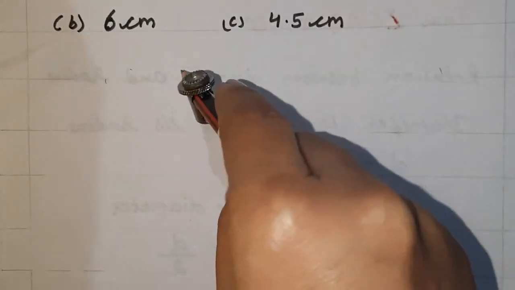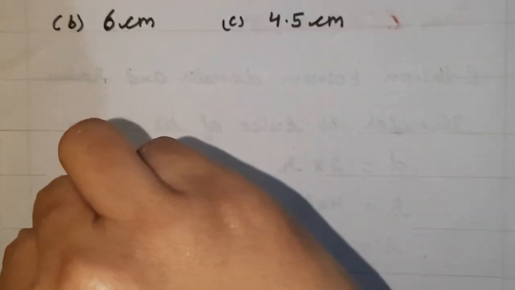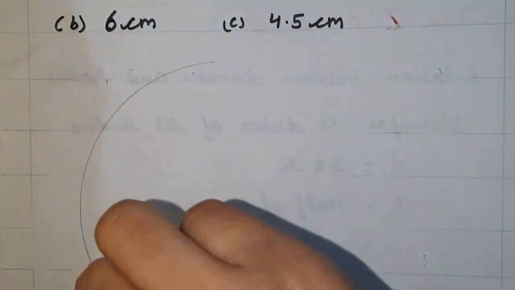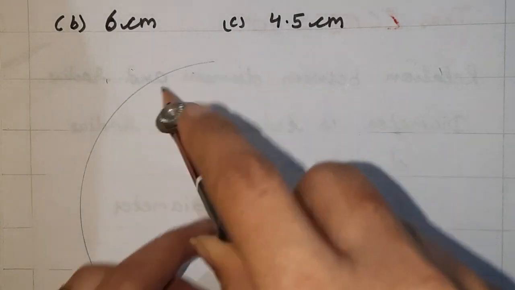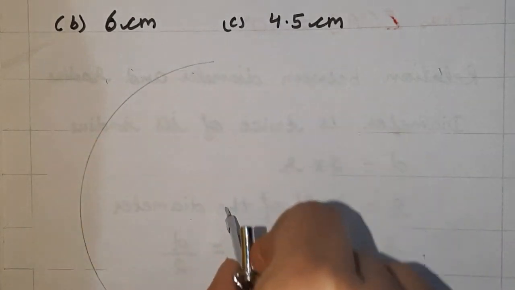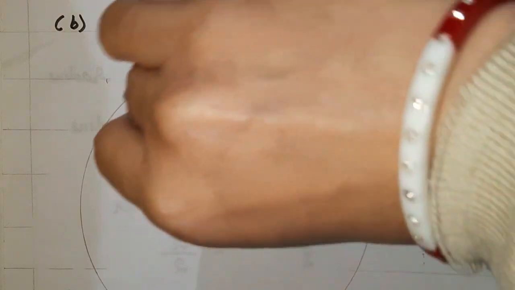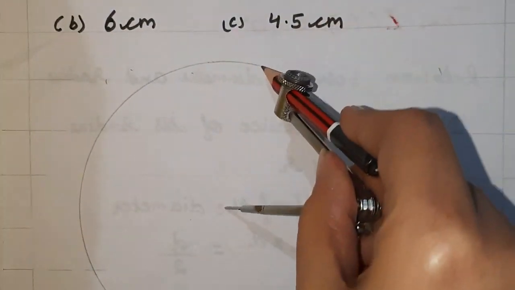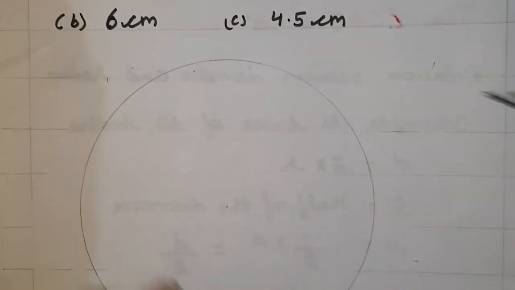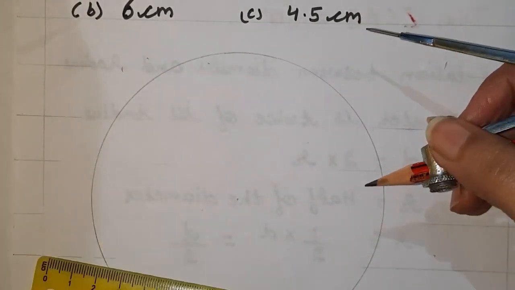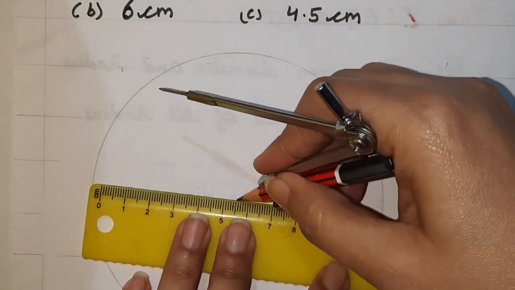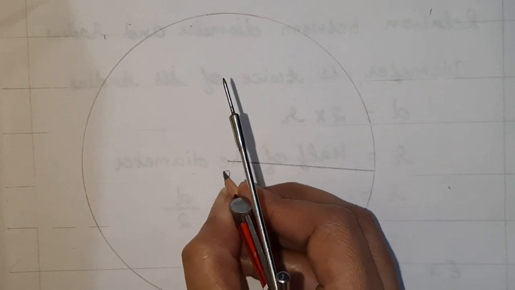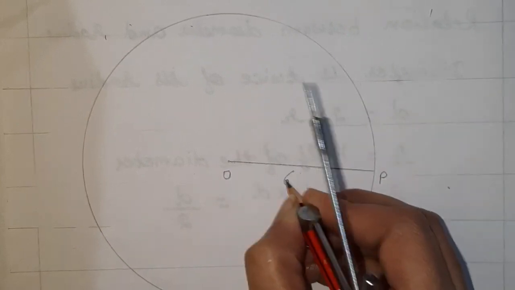And draw the circle. Put your compass here, the center point. That is the tip of the compass. In this way, you will draw a circle having radius, give the name OP, 6 centimeter.